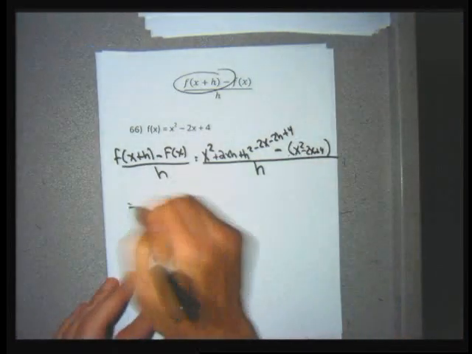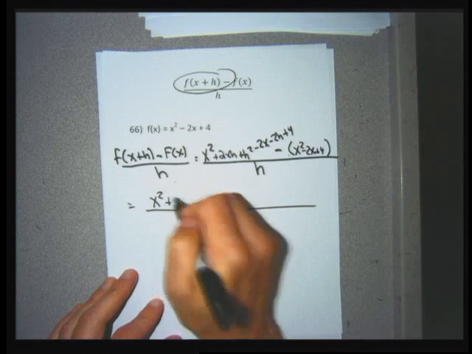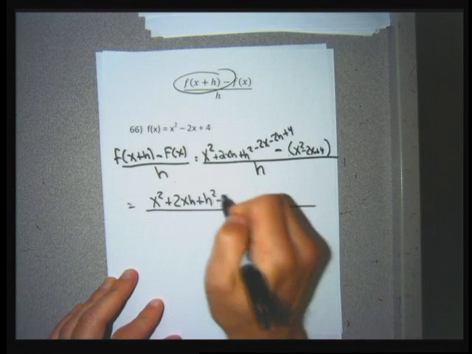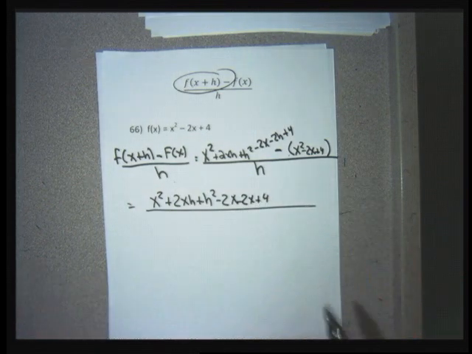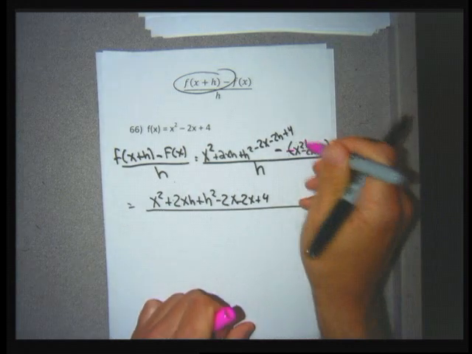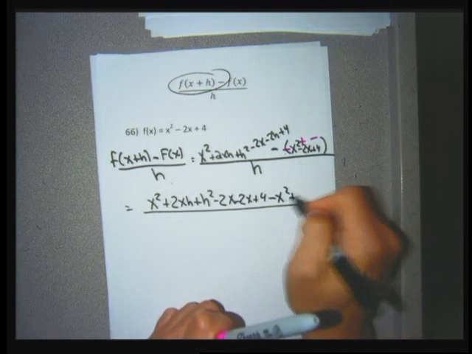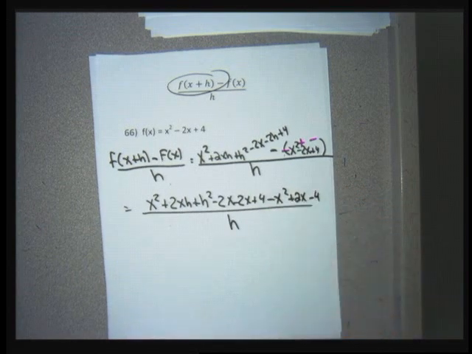Now I'm going to write this, give myself a lot of room. The f of x plus h, for the time being, I'm going to write just how it was written. The minus sign that I put in front of this parentheses is going to change the signs. It's going to make the x squared go minus, the minus 2x go plus, and the 4 go minus. And every term that doesn't have an h should cancel.